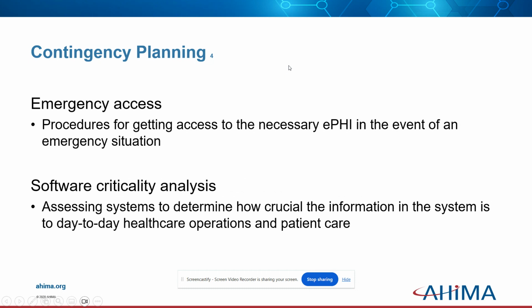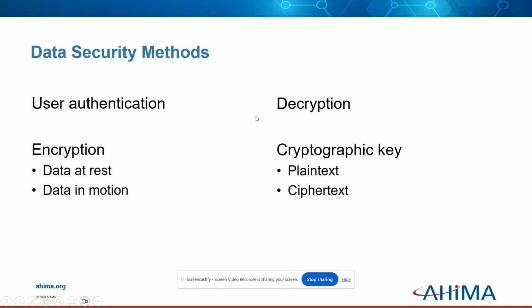We have emergency access and also software criticality analysis in order to understand how crucial each system is, how crucial the software is, the data is, to the overall day-to-day healthcare operations and patient care. Some of these we've talked about already, or you may be familiar with, but data security methods.